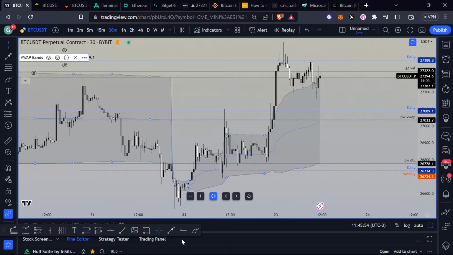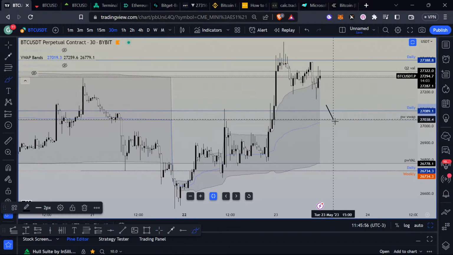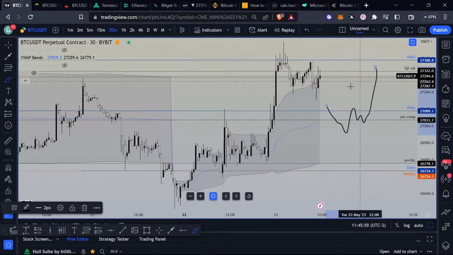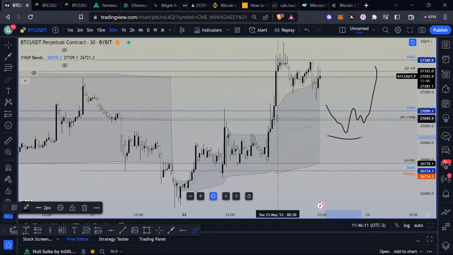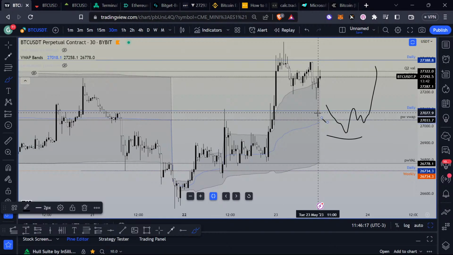So maybe if you are looking for a scalp, something like this could work. Or this, quite wide, but it's 30 minutes. 30 minutes is not madness to try to play something like this. Or at least a mechanical play, there are static orders right here. I'm pretty sure.